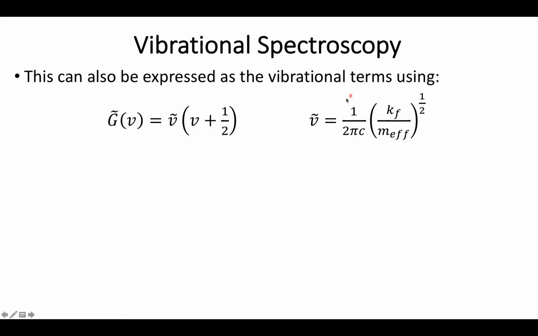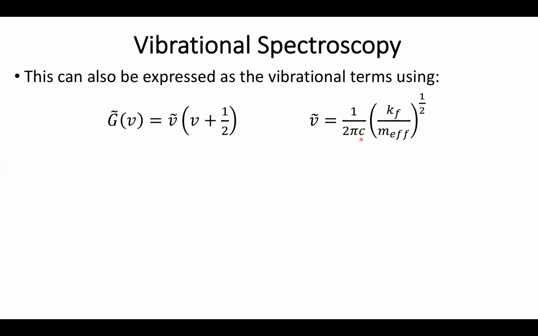And then again, we have to build in some unit conversion. Now, instead of using Planck's constant, we're using 2 pi times the speed of light. So this will give us the energy of each of our energy levels. But what we're going to be focusing a little bit more on is peak location.